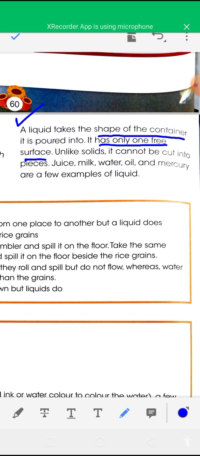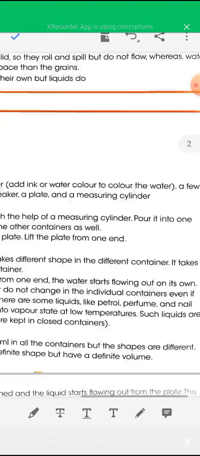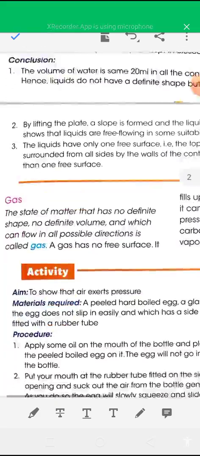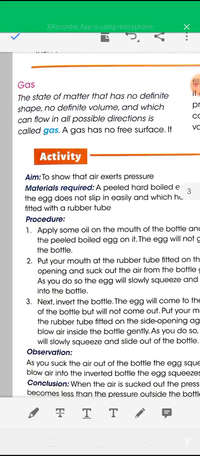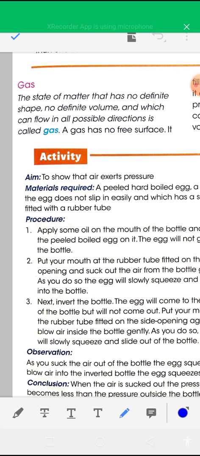Okay, examples of liquids: milk, water, oil, mercury. These are some examples of liquid. Now see the third state of matter, which is gaseous state. Gaseous state of matter, gas.